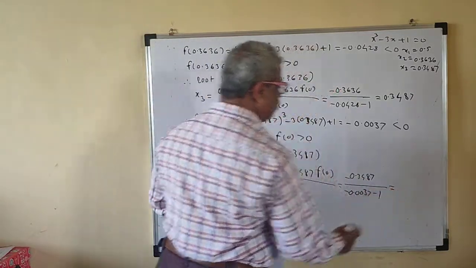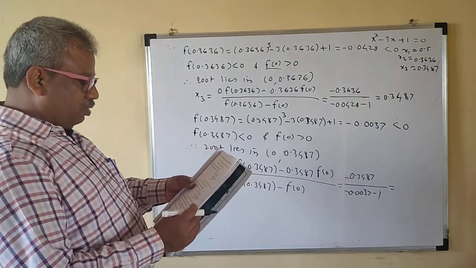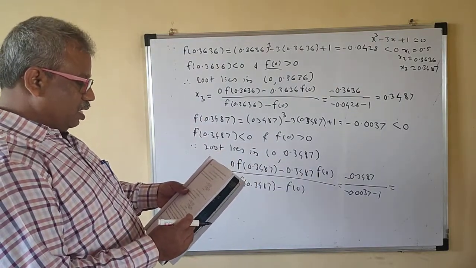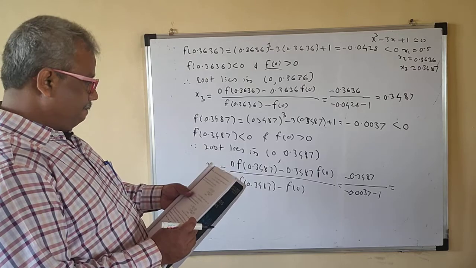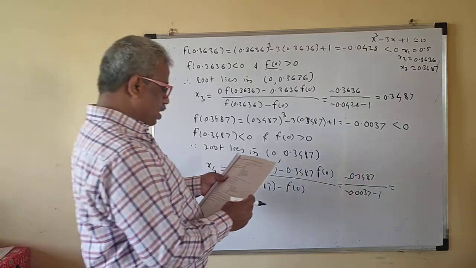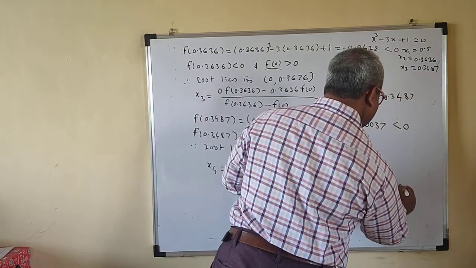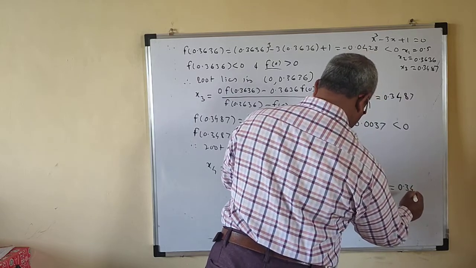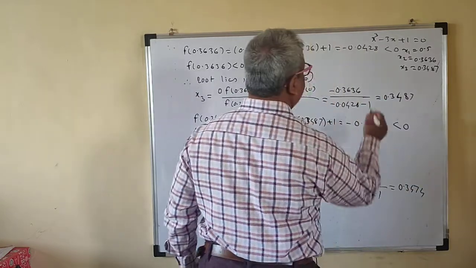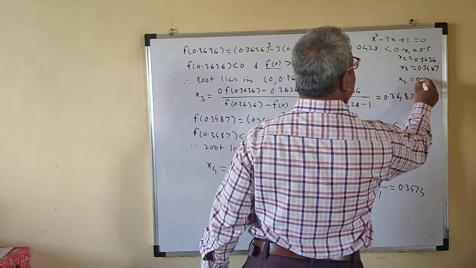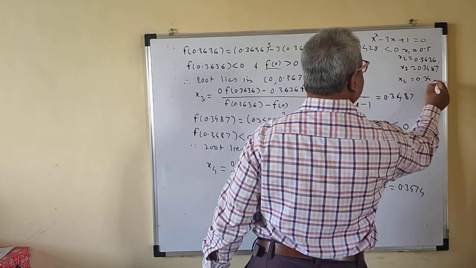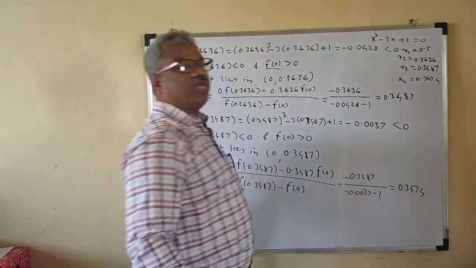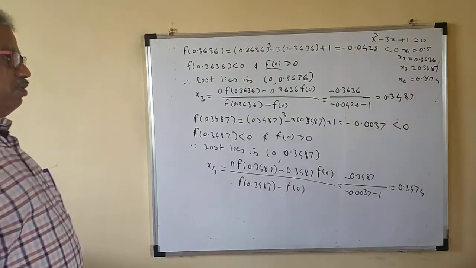So this value is positive now. This value will be x4. This value will be 0.3474. So your x4 I will just write here, 0.3474. See, up to 2 decimal places we get a correct value.